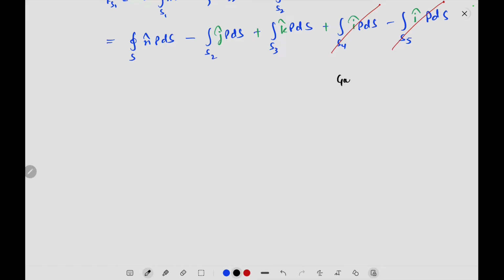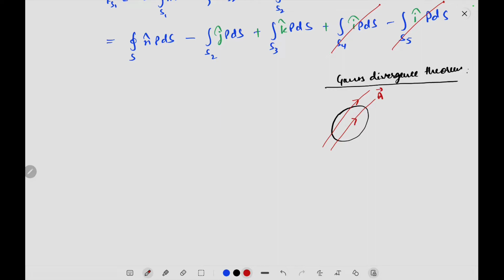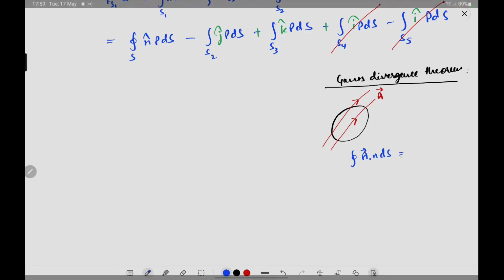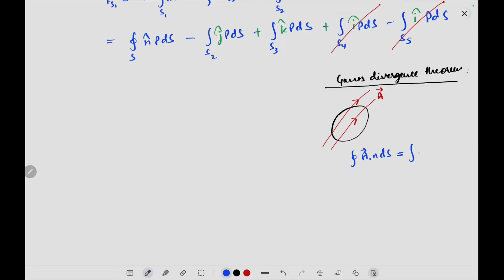The theorem states that for any closed surface, so let's say this is your closed surface, and there is some vector field, let's say vector A, then the surface integral of A vector can be changed into a volume integral using the divergence of that vector field over that body.